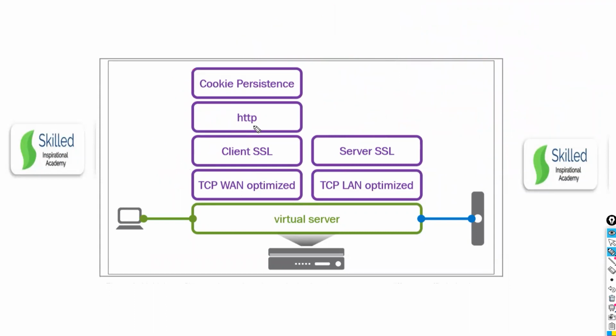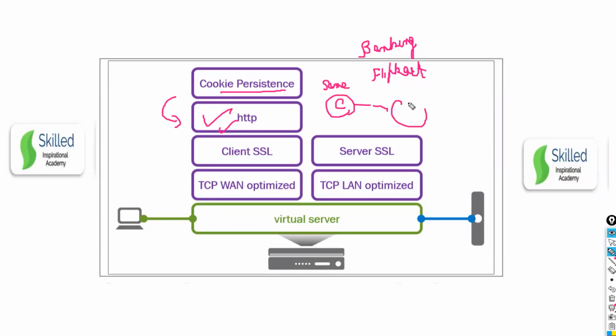If you see HTTP, guys, there is an HTTP profile. Cookie persistence can only work if you have an HTTP profile. So let's say you have a banking customer, or let's say you are accessing flipkart.com. I want that subsequent connection from same client should go to same server.